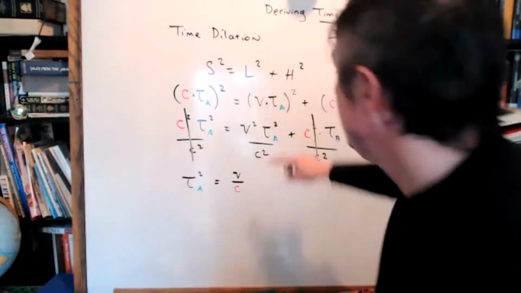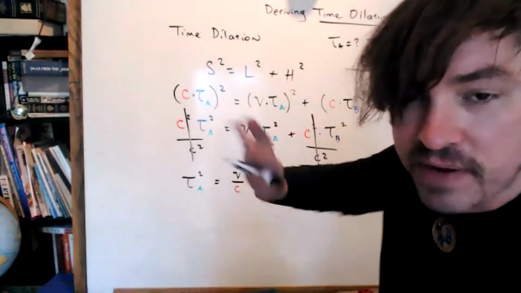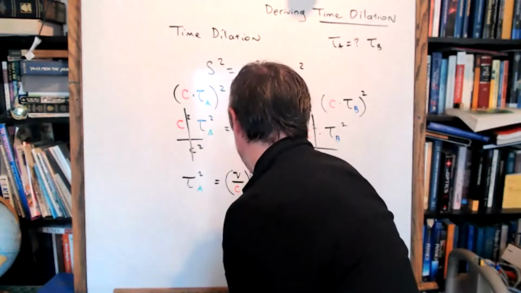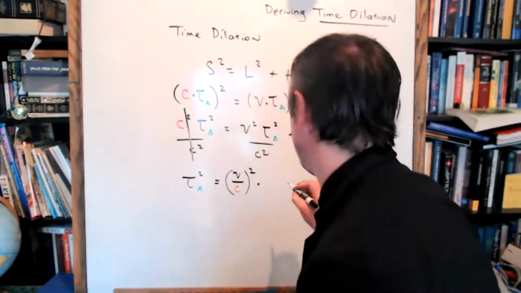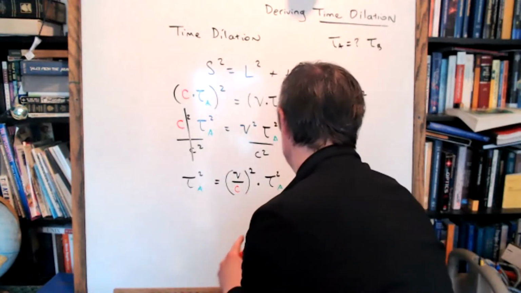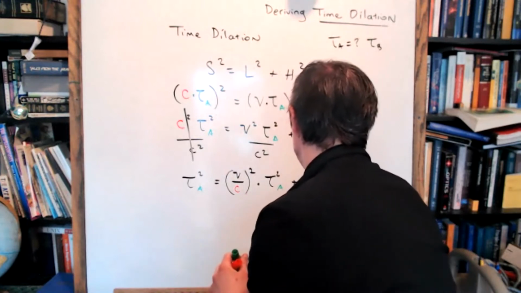Now it should be v squared over c squared, but I'm going to pull some sleight of hand. I'm going to factor out the square times ta squared plus tb squared.